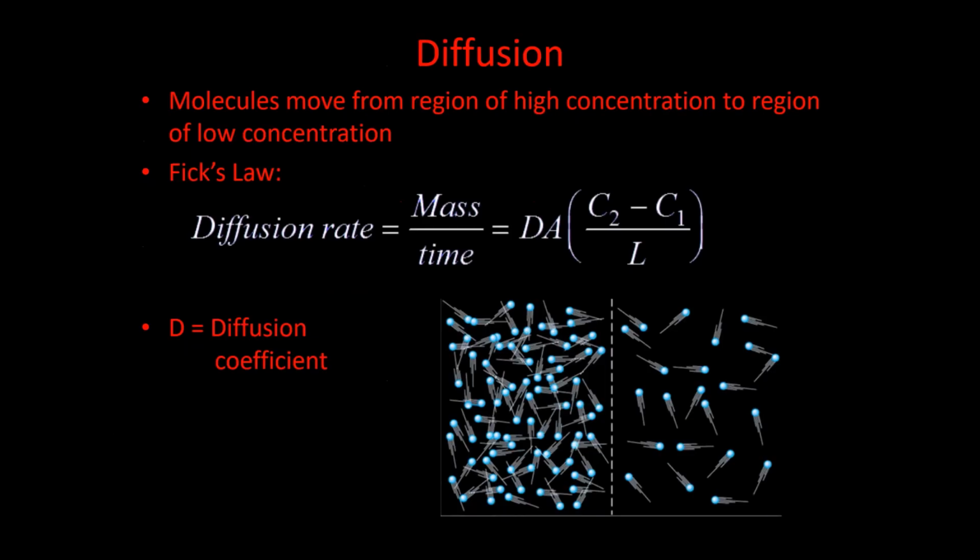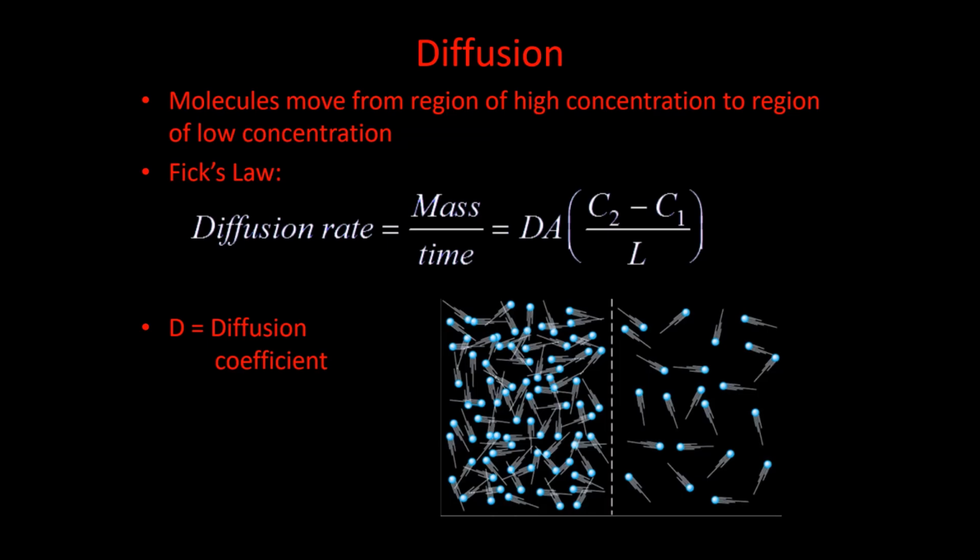A couple of final points. If we are moving fluids or moving some form of fluid from one place to another, molecules in that fluid often move from regions of high concentration down a gradient to low concentration. This actually obeys Fick's law, and this actually relates to a lot of biological processes or chemical processes.